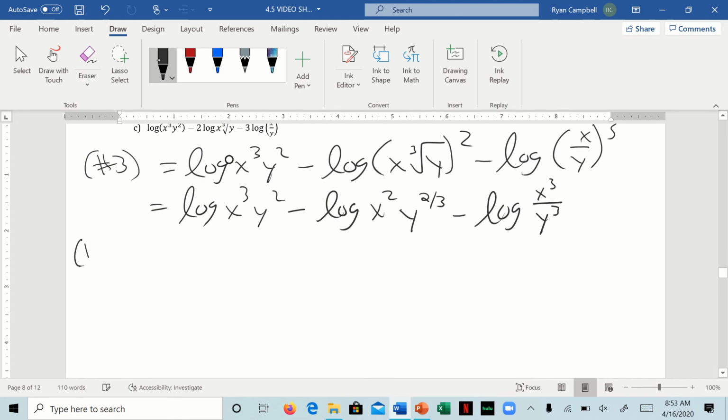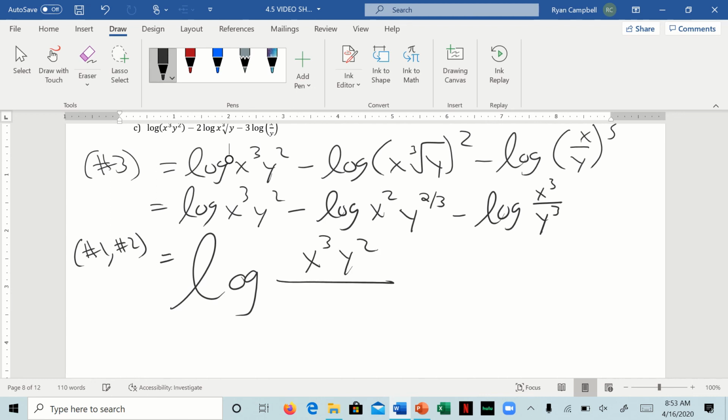All right, then we do number 1 and number 2. So under one logarithm, the common log, we get x cubed y squared on top, x squared y to the 2/3, and then x cubed over y cubed.